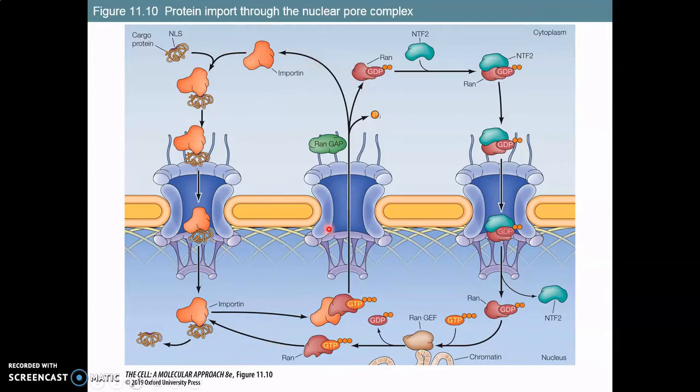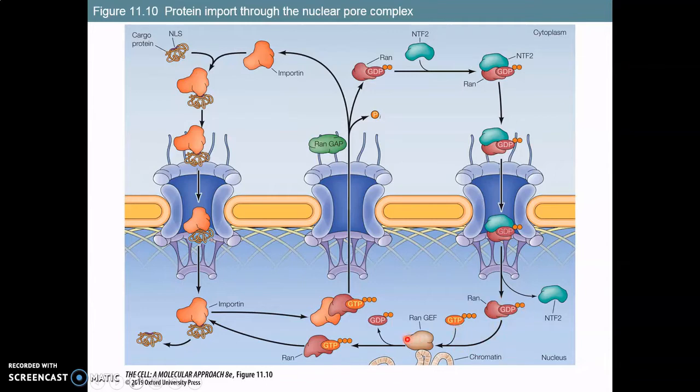Okay. Now, we need to replenish our stock of RAN-GTP. Otherwise, we would simply run out of it and we could never bring importin back out. So we have RAN-GDP in the cytoplasm. It'll interact with NTF2, which is another member of this importin class of proteins, and its job specifically is to import RAN-GDP back through the nuclear pore to the other side.